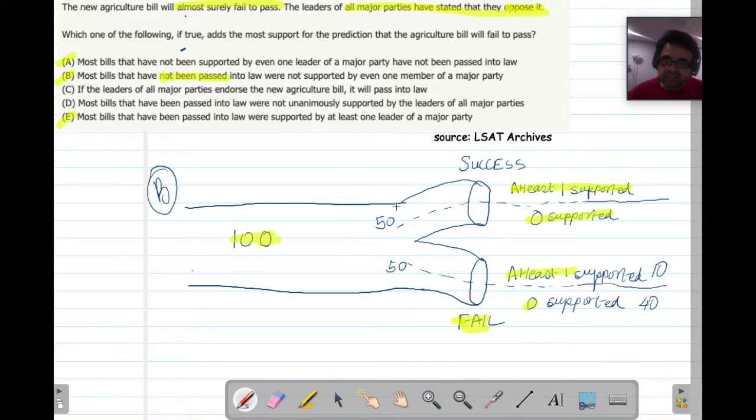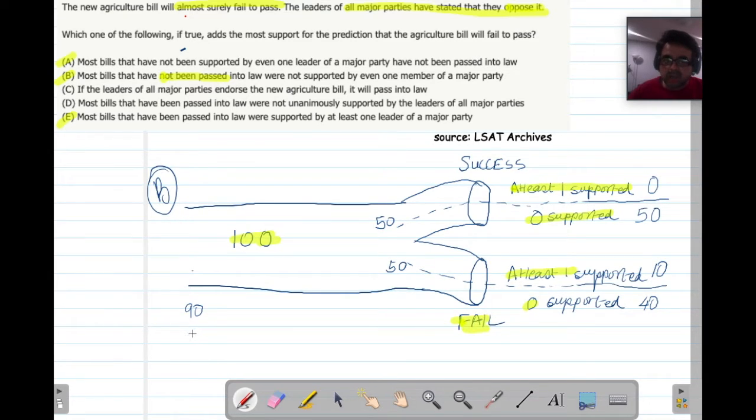But what about these 50? We don't know, right? So we could take any numbers. We could skew it in a way that says, let's assume 0 got successful among those supported by at least 1, and 50 got successful among those with 0 support. This is a question of possibilities, not reality. So don't confuse reality with possibilities here. In this case, how many bills total were supported by 0 leaders? 90.